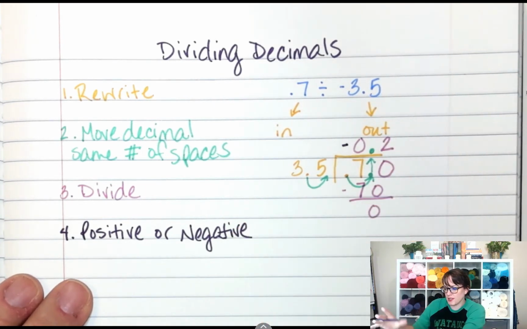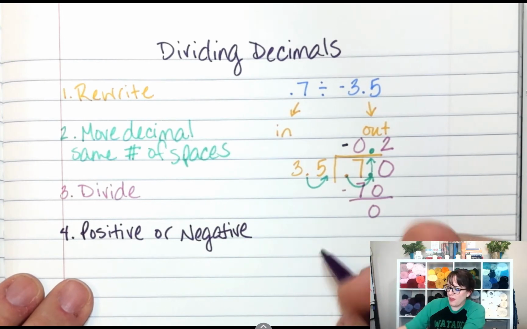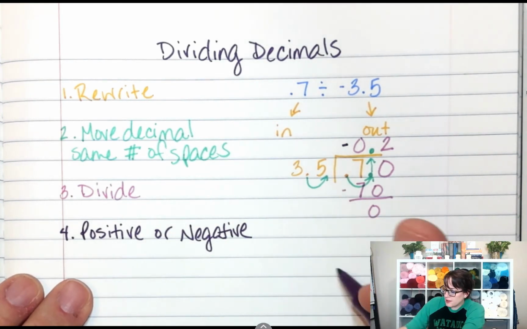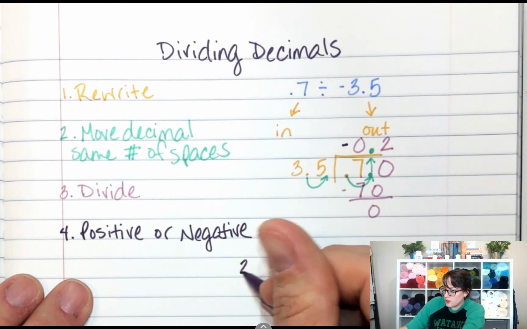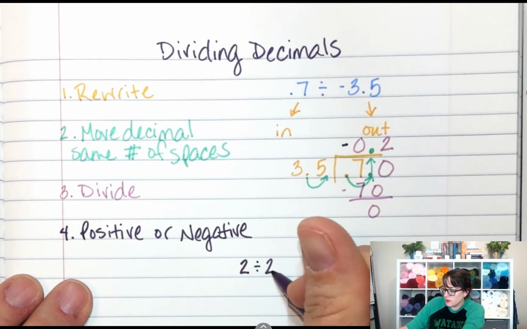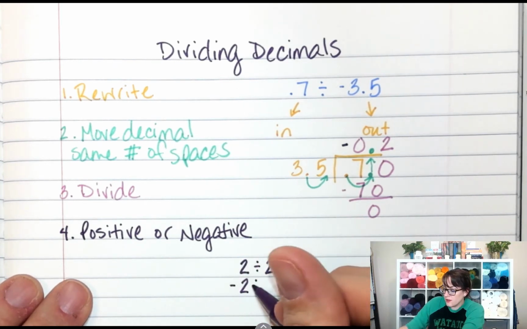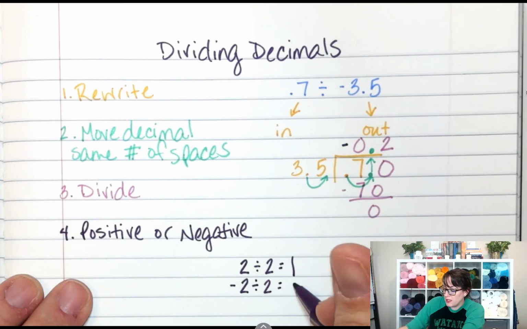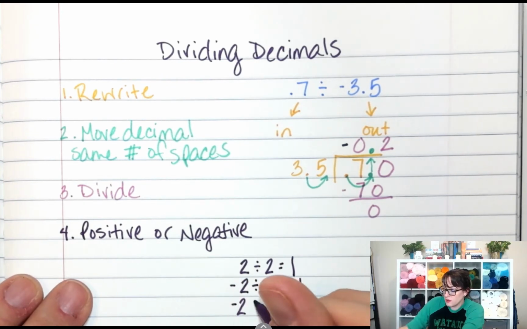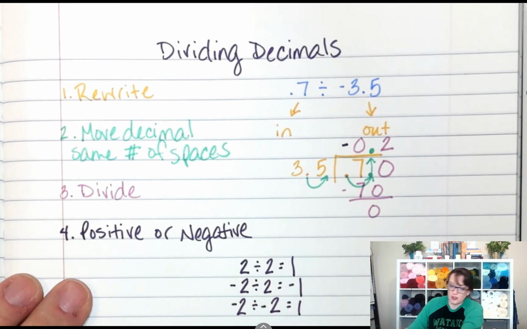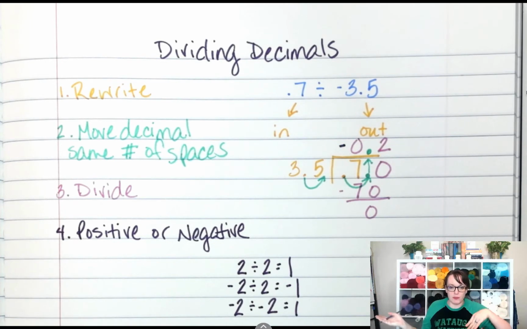Remember our tricks, not tricks, just math. If 2 divided by 2 is 1, then the opposite of 2 divided by 2 would be the opposite of 1. So then the opposite of 2 divided by the opposite of 2 would be 1 again. So it does that back and forth flip over the 0.